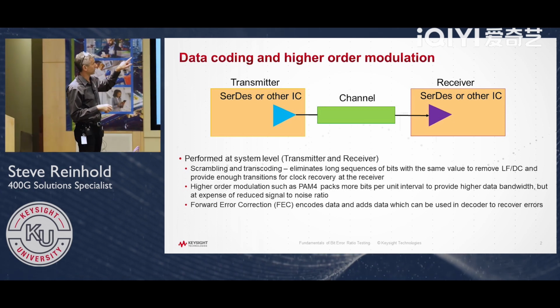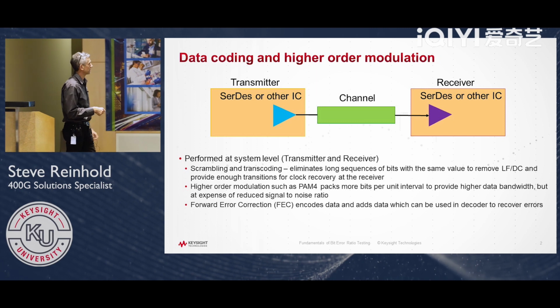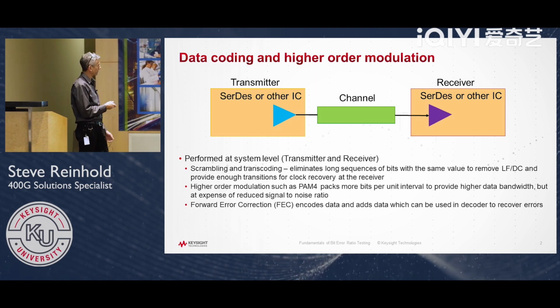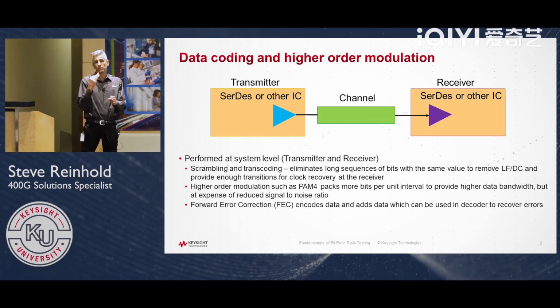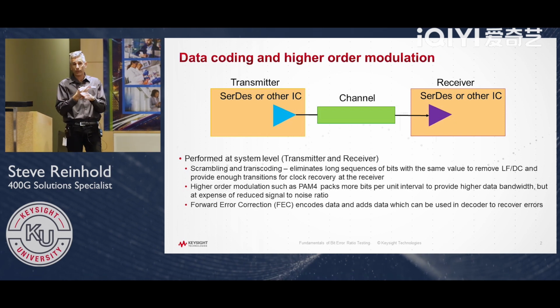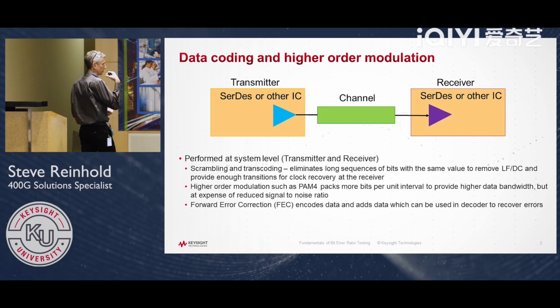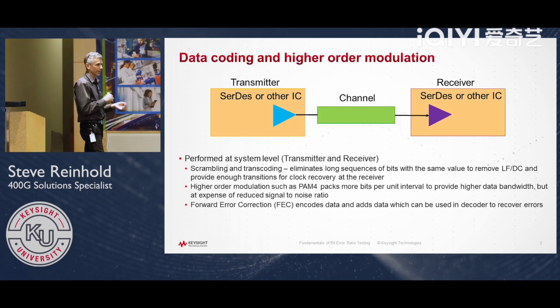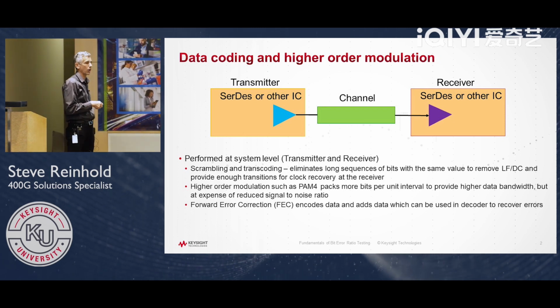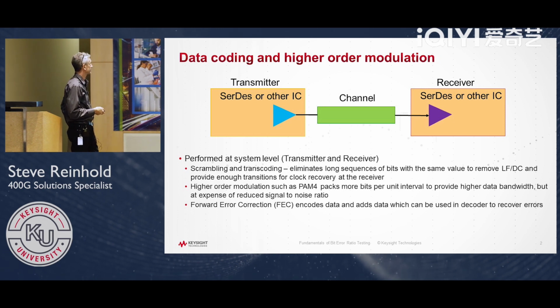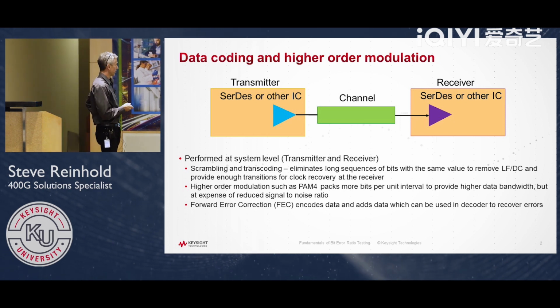And that keeps your clock recovery happy because if you don't have any transitions, there's no way to recover a clock off of the data stream. So they do coding to scramble the signal so that you don't have these really, really long run lengths of non-transition bits.